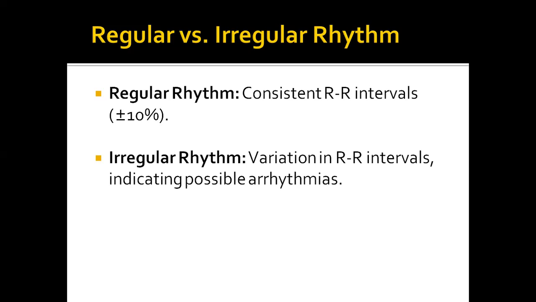An irregular rhythm involves noticeable variation in the RR intervals, which may indicate arrhythmias such as atrial fibrillation or premature beats. This distinction helps determine if the heart's conduction system is functioning properly or if there's an abnormality requiring further investigation.